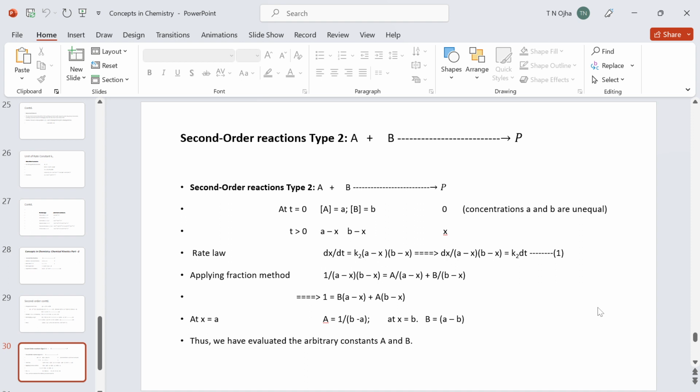Now we apply partial fraction method. 1 over (a minus x)(b minus x) can be written as A over (a minus x) plus B over (b minus x). Here A and B are arbitrary constants. We will determine their values later. And when we apply boundary conditions, A becomes equal to 1 over (b minus a) and B becomes equal to 1 over (a minus b). There is a small mistake over here. B is 1 over (a minus b).